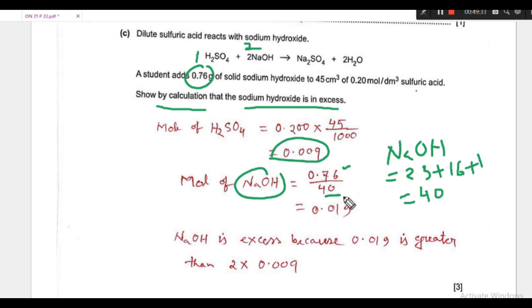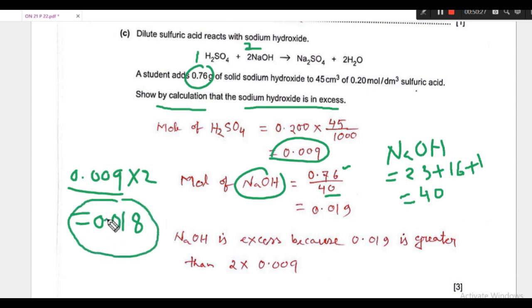So sulfuric acid moles is 0.009. For 0.009 mole of sulfuric acid, sodium hydroxide needs 2 times, so you need 0.018 mole of sodium hydroxide, but sodium hydroxide has 0.019 mole.